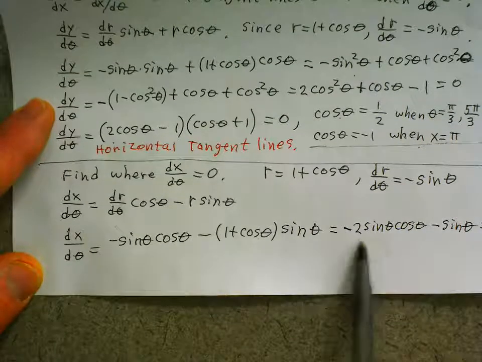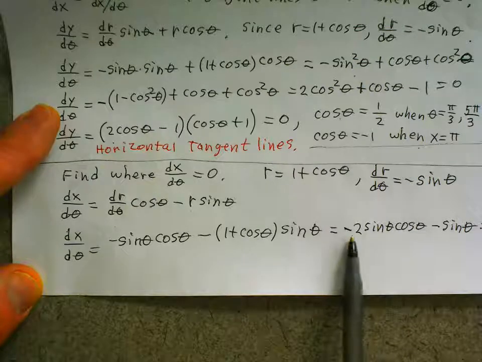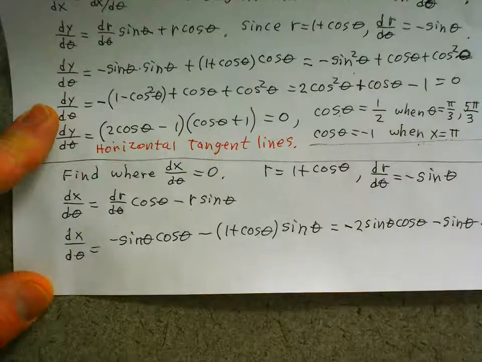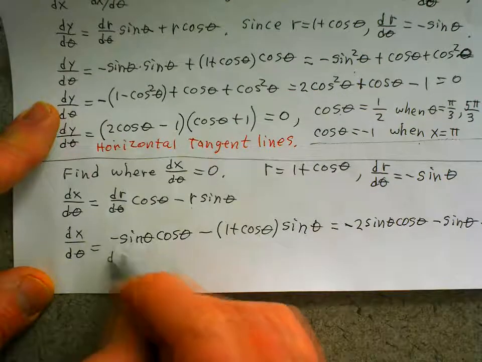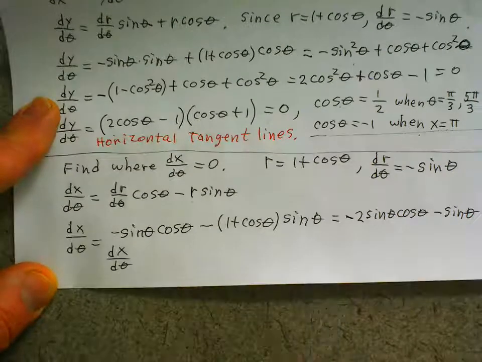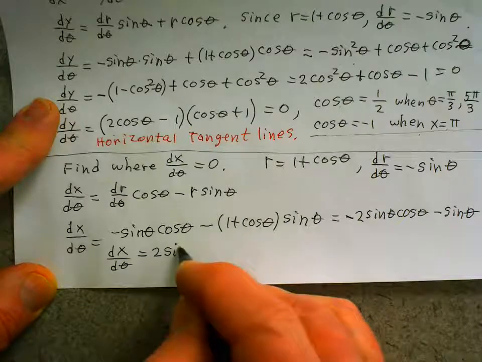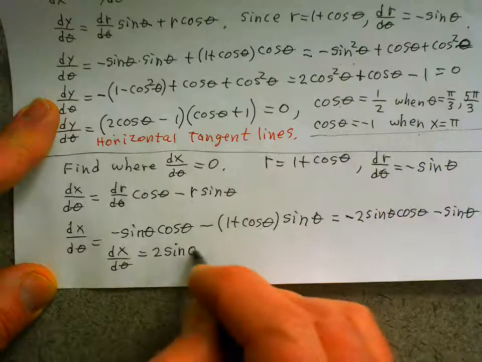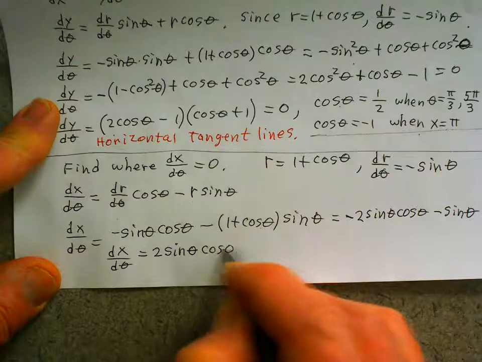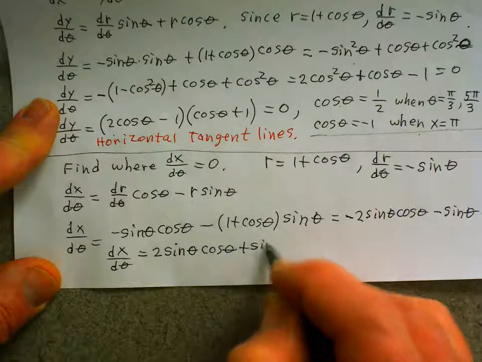And another thing we can do is multiply every term on both sides by -1, and we can think of this as plus 2 times sine of theta cosine of theta plus sine of theta.